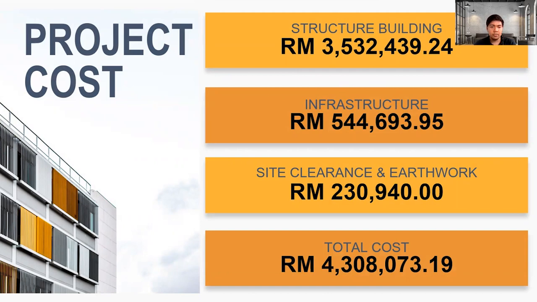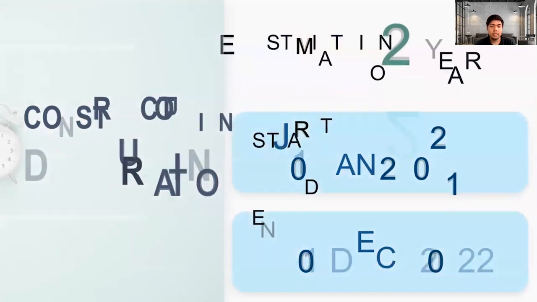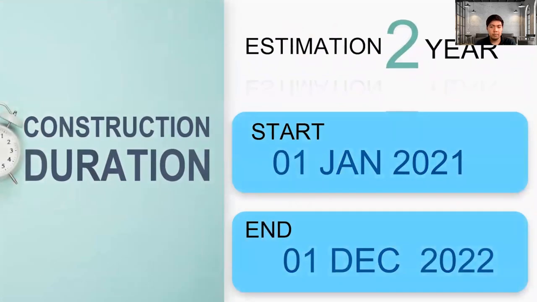The total cost for the project is 4,300,000. The project construction duration is estimated to finish in 2 years. The start of the project is 1st January 2021 and it will finish on 1st December 2022.